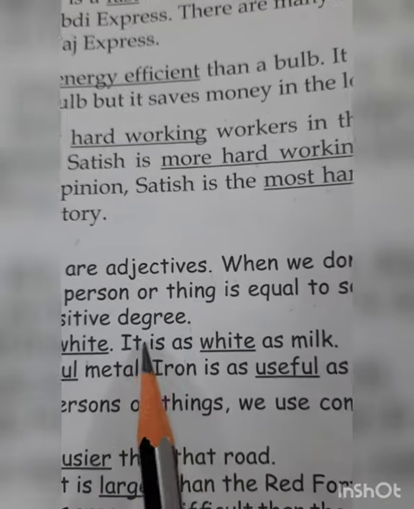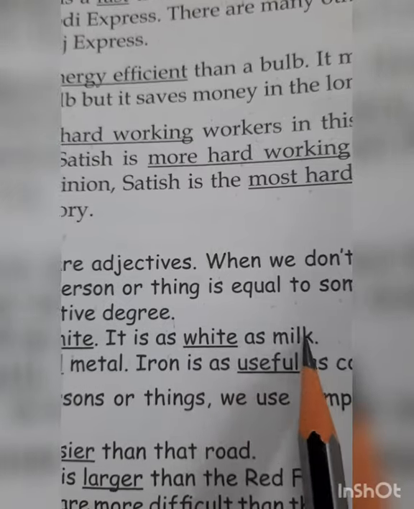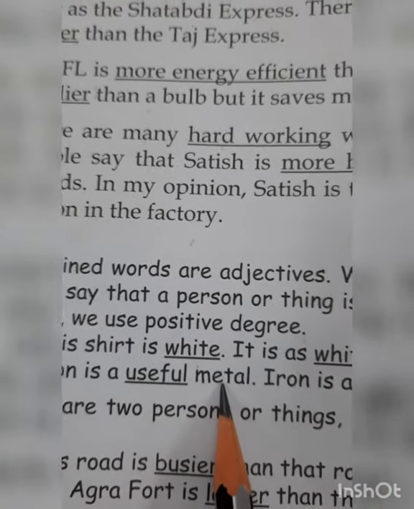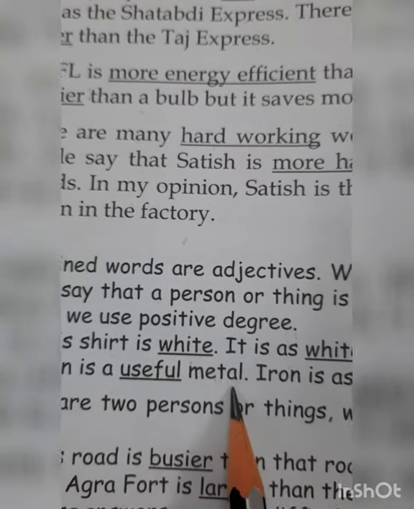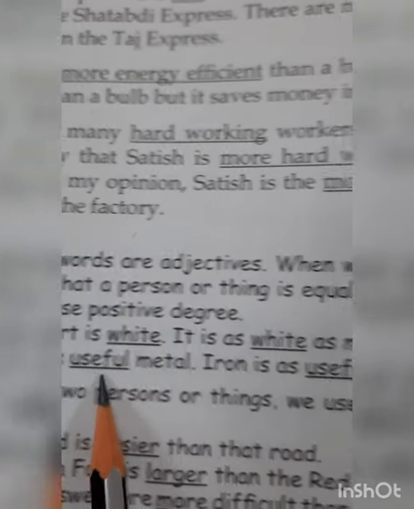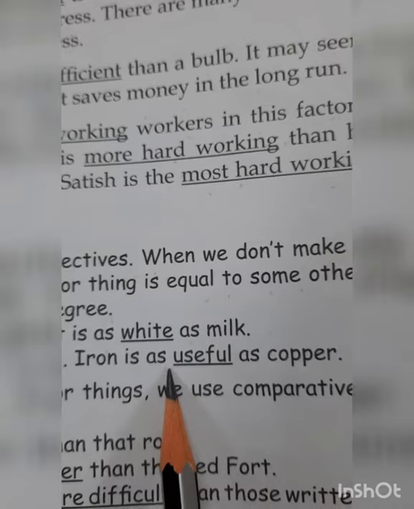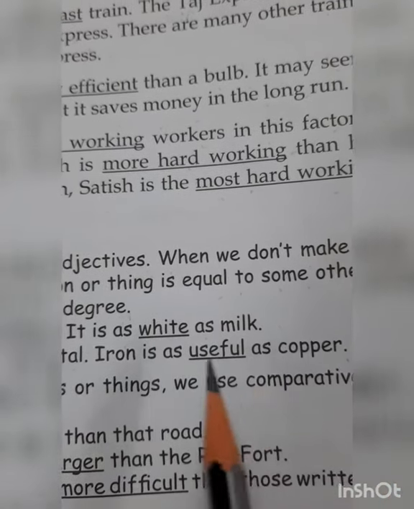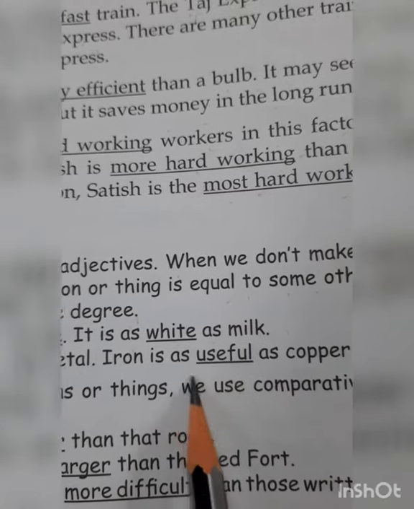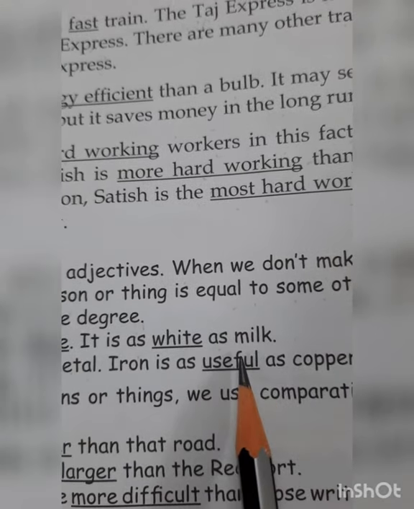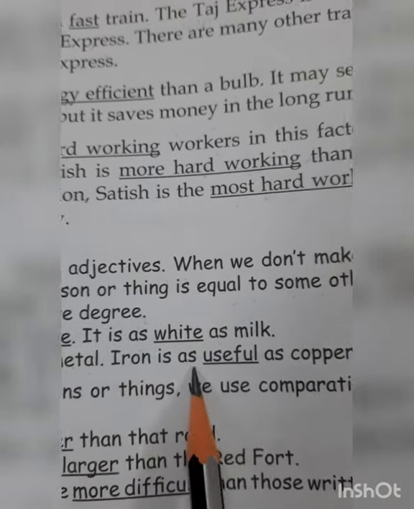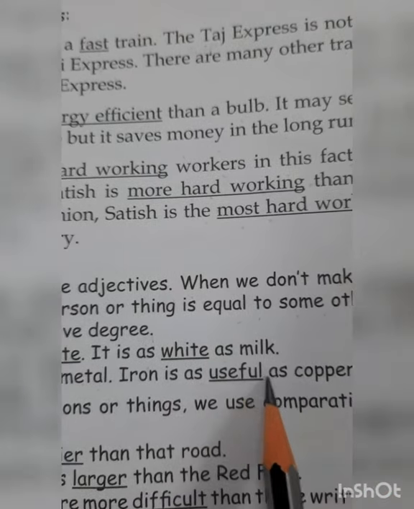So, it is as white as milk. Then, iron is a useful metal. No comparison. So, we are using positive degree. Iron is as useful as copper. So, here again we are using positive degree because we are saying iron is equally useful as copper.